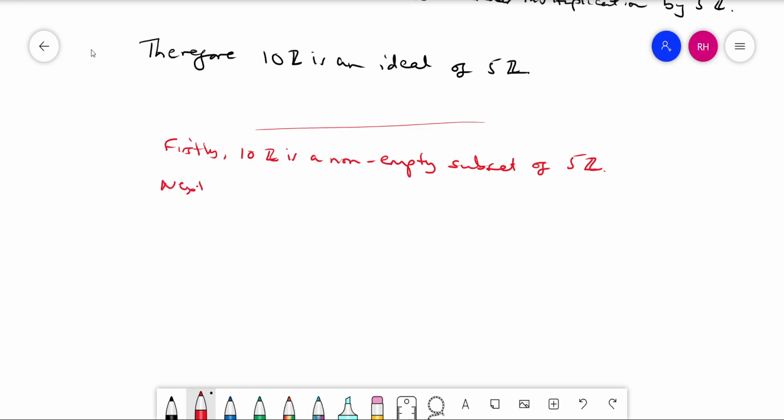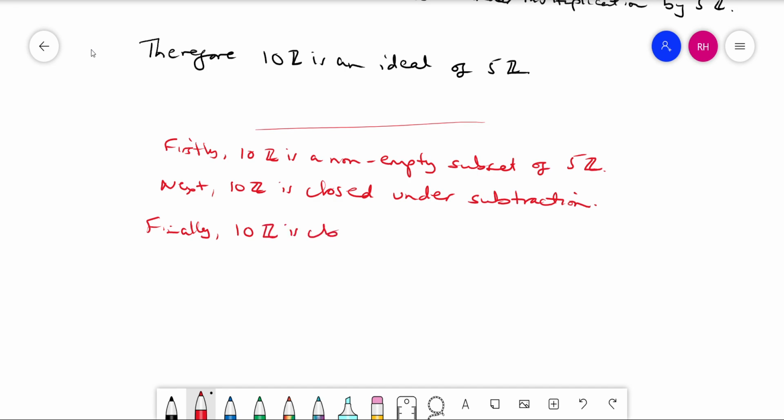Next, 10Z is closed under subtraction. And finally, 10Z is closed under multiplication with 5Z. So that's how you would explain as succinctly as possible why 10Z is an ideal of 5Z.